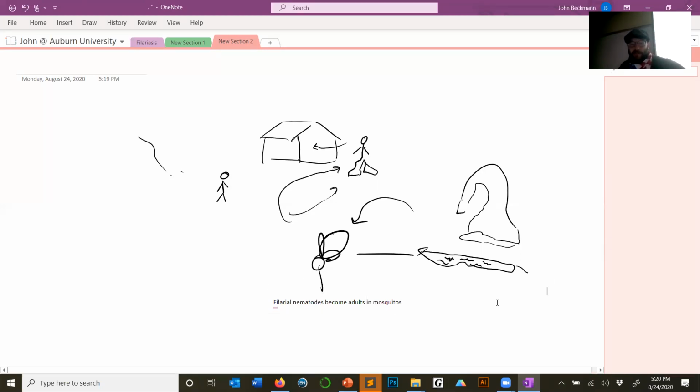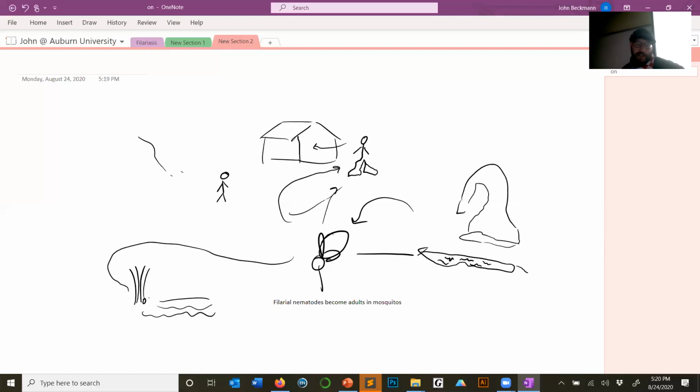His hypothesis was not that mosquitoes spread filarial worms. And actually, when we figured that out, he did not believe that, okay? What he thought was the mosquito takes a blood meal from people who are infected with these worms. It flies to lay its eggs in the water. It lays its eggs and it dies, okay?